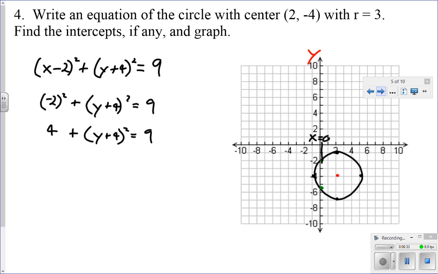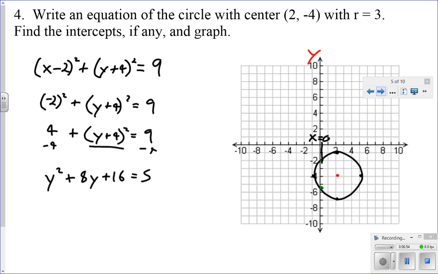So I'm going to distribute this out and subtract 4 from both sides. So I'm going to get y squared plus 8y plus 16 is equal to 5. Because it's a quadratic, I want to set it equal to 0. So I'm going to subtract 5 from both sides.